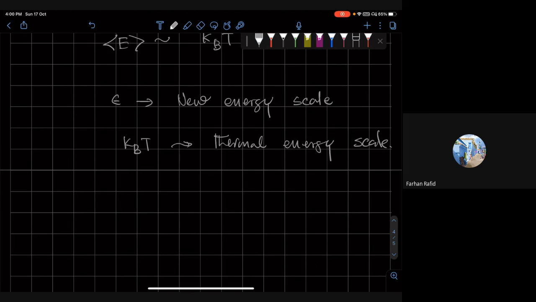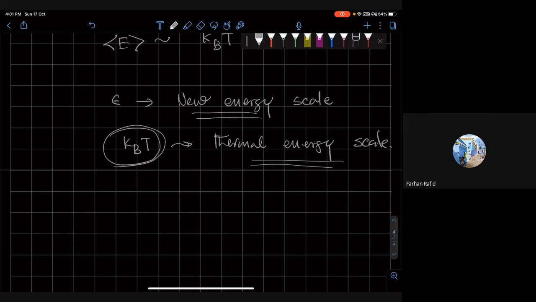And therefore, we expect more of the classical result to be derivable where this energy scale is dominant compared to the new energy scale. So this is a very heuristic argument, but what is this epsilon, the new energy scale? We don't know, right? So it's something that is not in classical mechanics. So therefore, we want to wash it out somehow.